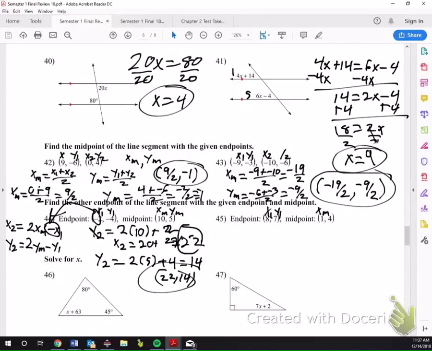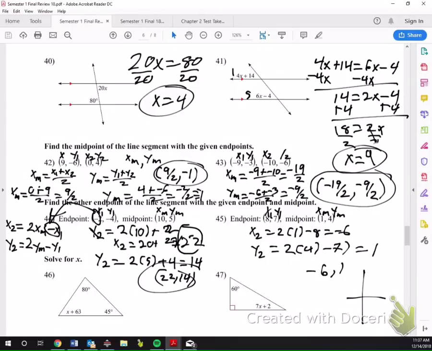We're going to repeat that process for number 45. x2 equals 2 times 1 minus 8, or negative 6. y2 equals 2 times 4 minus 7, or 1. So our point is negative 6, 1. And again, what we're saying here is that if I were to graph this really quickly, I have a point here, 8, 7, and that's my start.